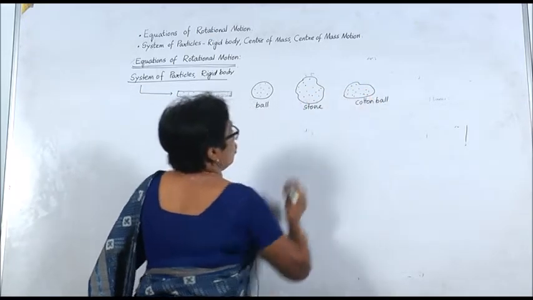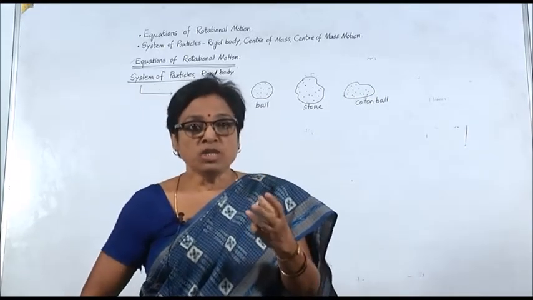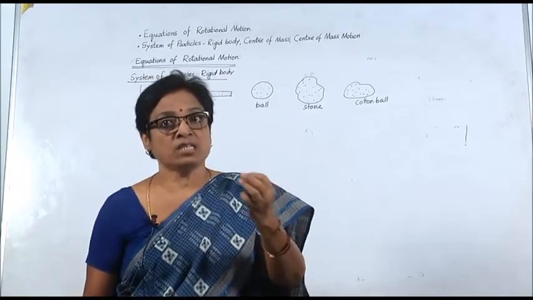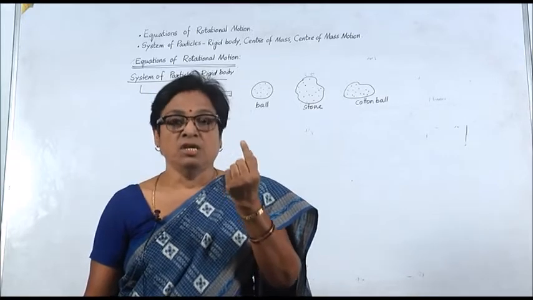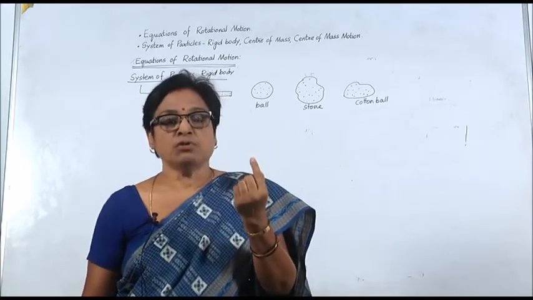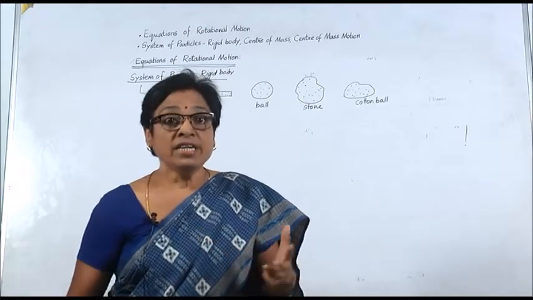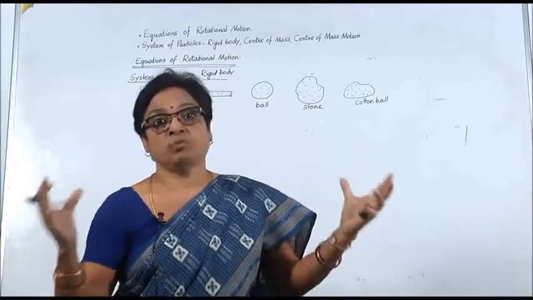In particle motion, we can write Newton's law, force equals mass into acceleration. Because it is a point mass, it has only one mass, one acceleration. So, whatever is the external force, that is equal to mass into acceleration, simple. But when it comes to a system of particles, there are many particles, let us say 8,000 particles.